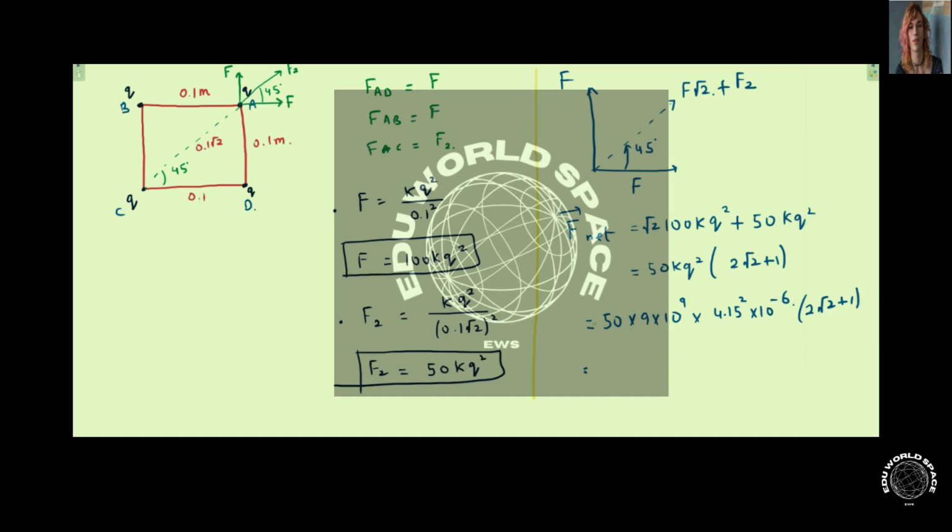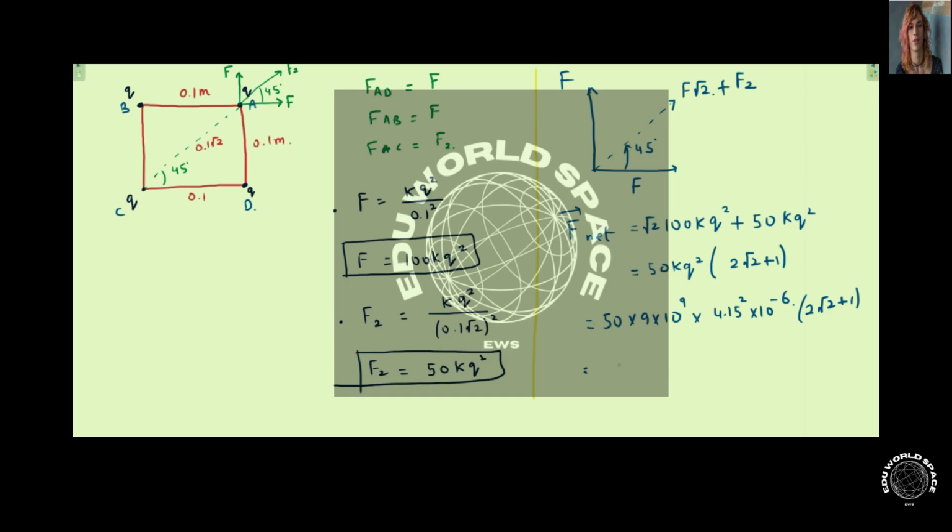So let me grab my calculator and get the value of this particular expression. It's 50 times 9 times 4.15 square times 2 root 2 plus 1.